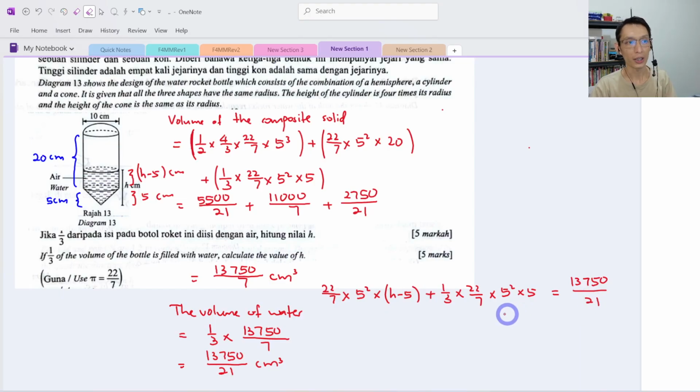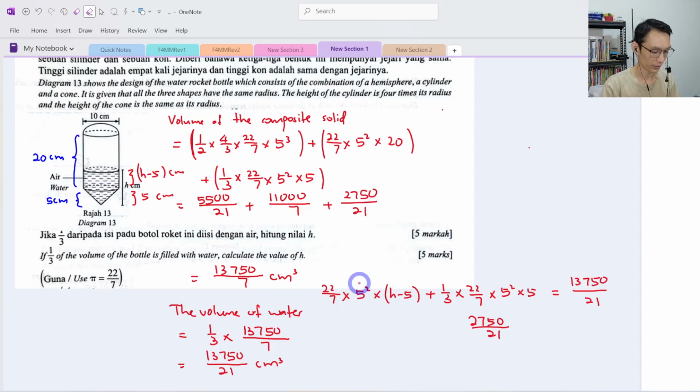So the next step is to solve this equation, find the value of h. Let me press this one first, calculate this part first. 1 over 3 times 22 over 7 times 25 times 5 is equal to 2750 over 21.